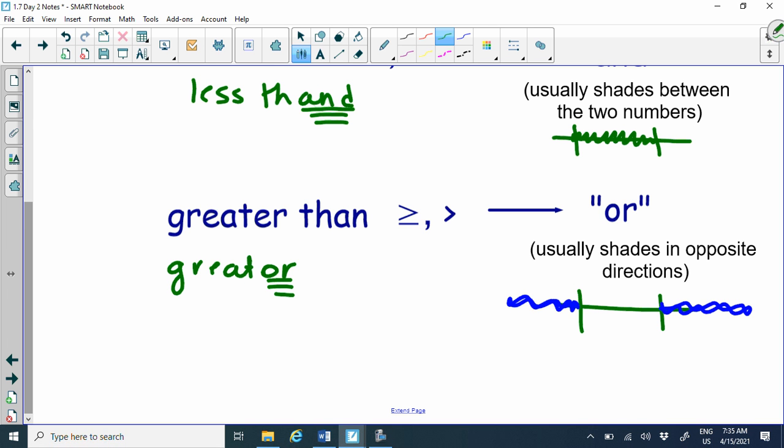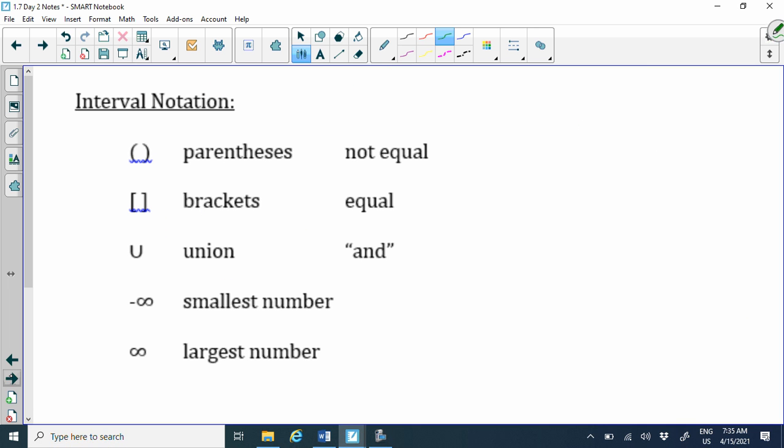Okay, so now let's talk about interval notation and all that stuff. So when we did interval notation, we kind of already talked about the ideas of parentheses and brackets, okay? So with parentheses, that means it is not equal. So that means if our number's not equal, or if we have infinity signs, we also use parentheses.